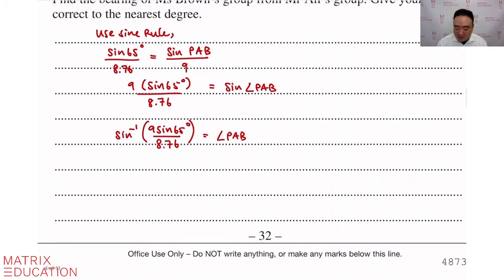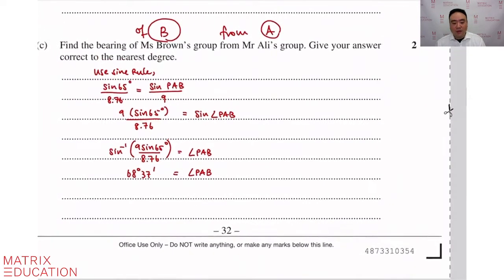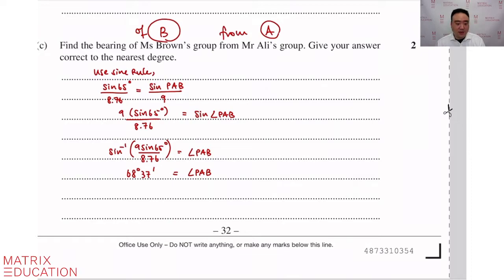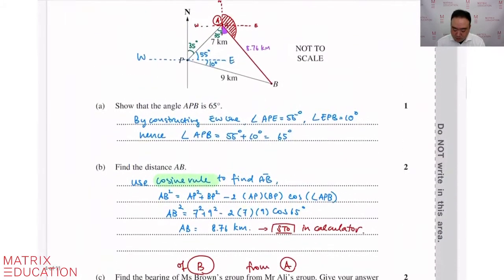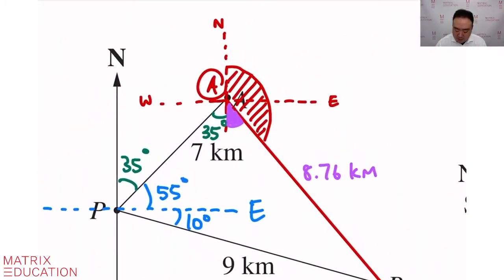And that angle PAB is 68 degrees, 37 minutes. So this whole thing is 68 degrees, 37 minutes.